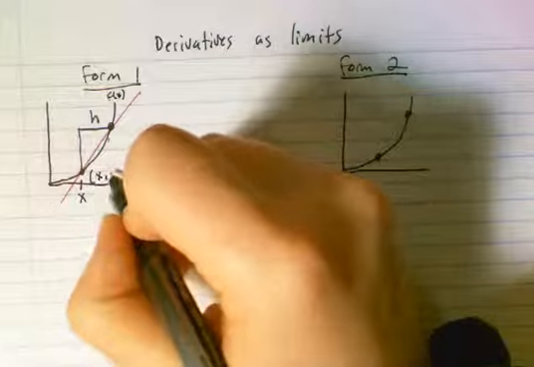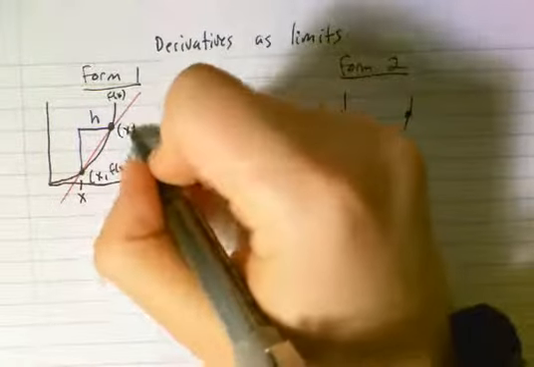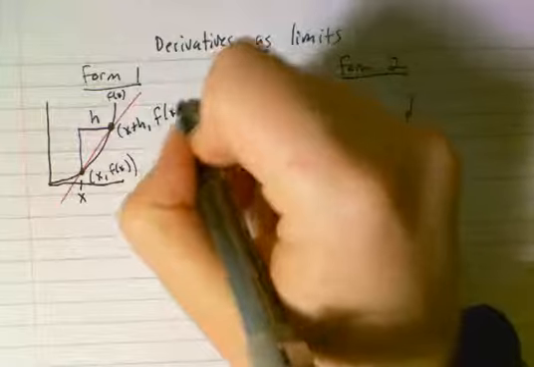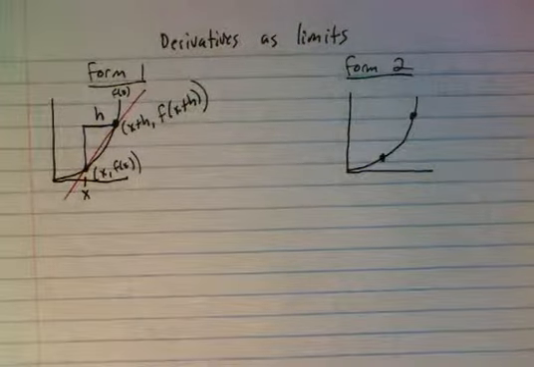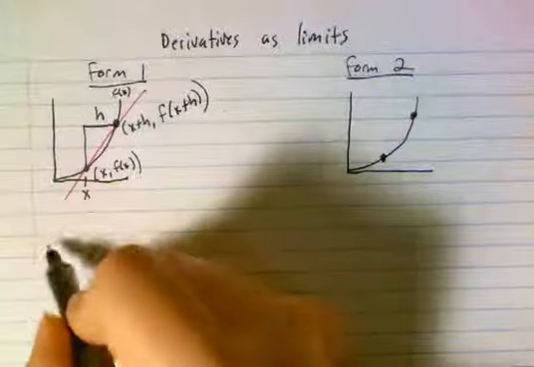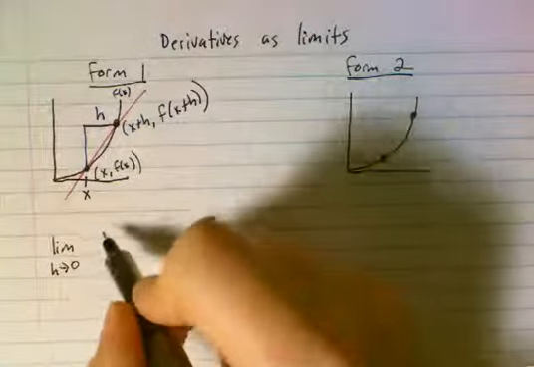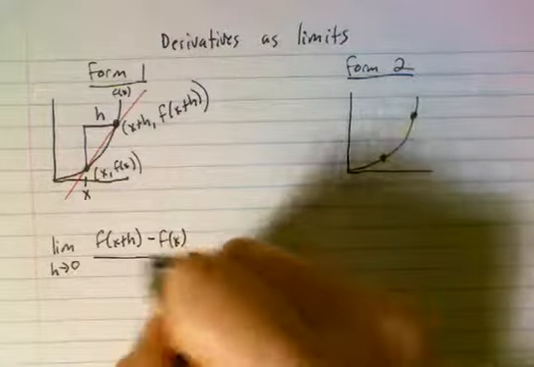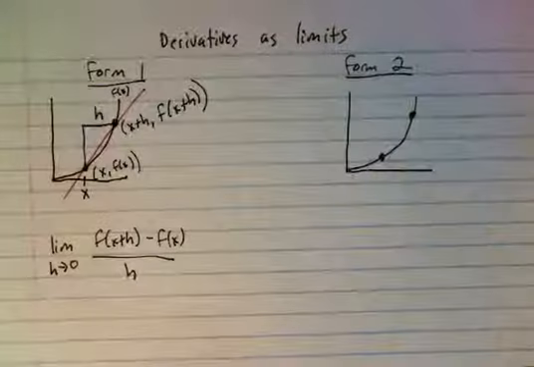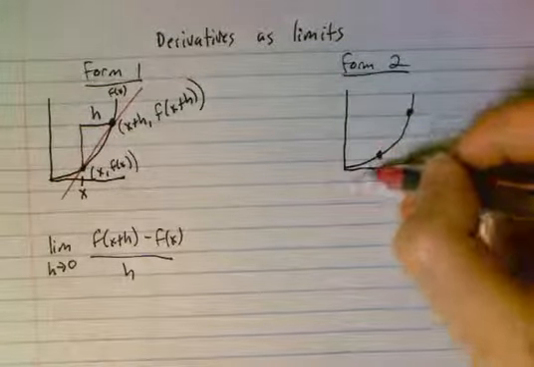Here we have x comma f of x. And this point is x plus h comma f of x plus h. Okay, so that gave us our form, limit as h approaches 0, f of x plus h minus f of x all over h.